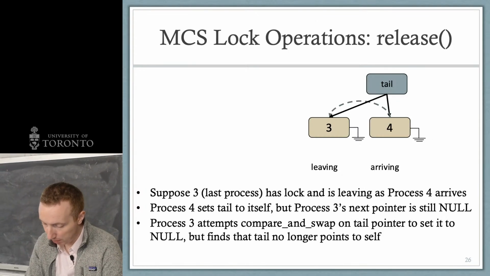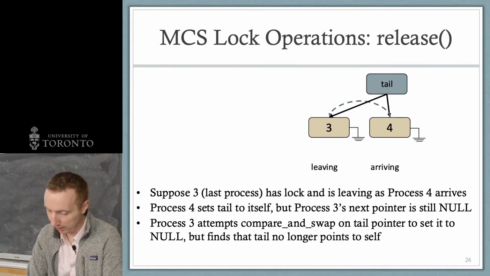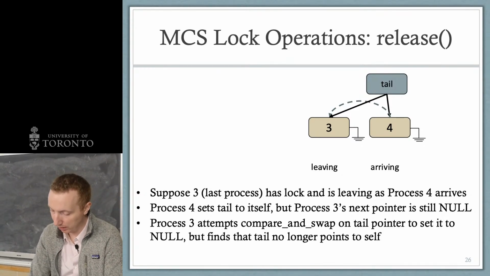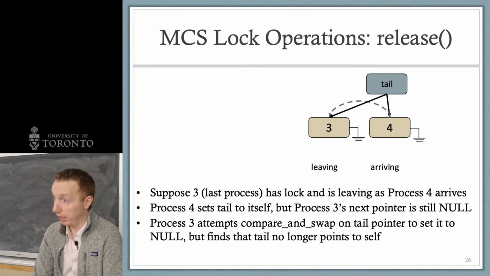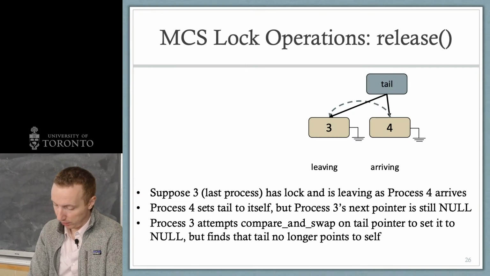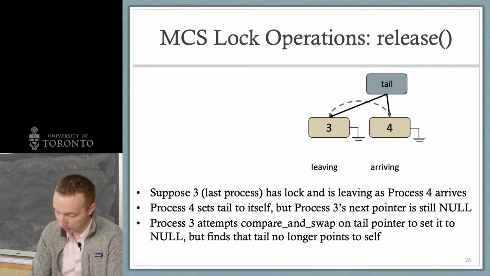Some problems we need to consider: let's say process 3 has the lock and it's leaving as process 4 arrives. What process 4 is going to do is try and set tail to itself. But process 3's pointer is still null, so process 4 sets tail to itself.